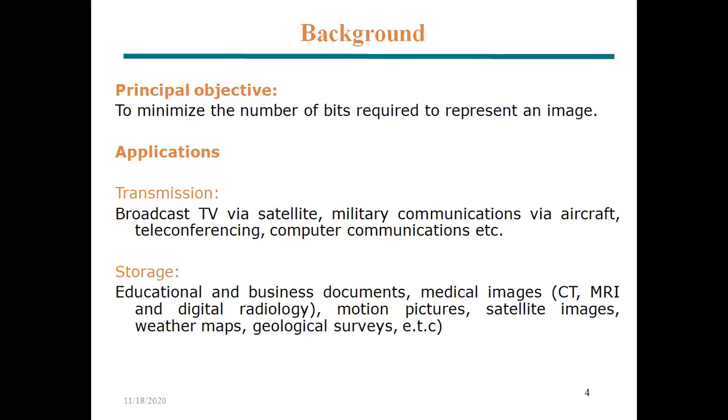In some cases, you can allow higher compression ratios. While decompressing or reconstructing the image, there is some loss of information, but as far as the eye is concerned, it is not much affected. That is why in some cases we use high compression ratios. Then you can reduce the memory size or the transmission time.